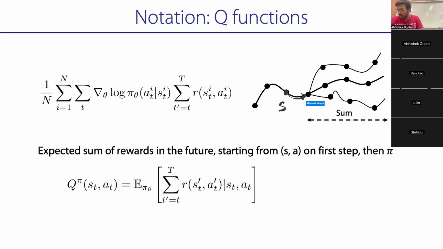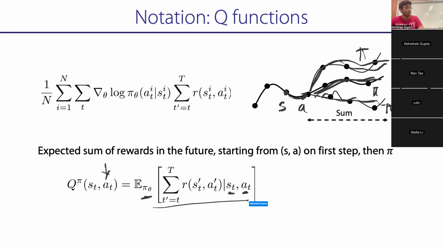It's important that this action doesn't have to be according to the policy. It is just an arbitrary action. You take one action, which is A, and then you act according to your policy. So it's one step of action followed by your policy, and you take the expected sum of rewards, so you average things into the future.